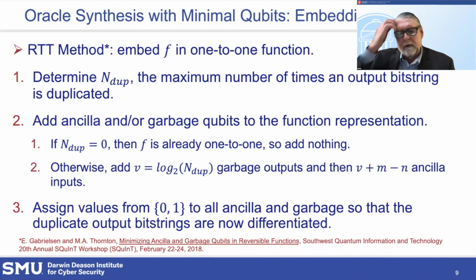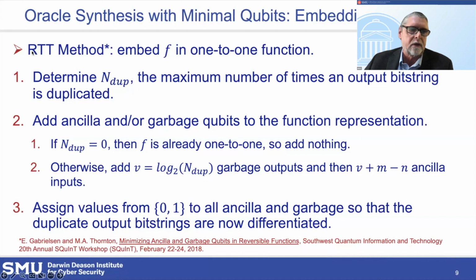So we can't just add those bits arbitrarily. We must also assign values to those bits to cause them to result in a one-to-one function. And we have a method to do that. There's a variety of ways this could be done.